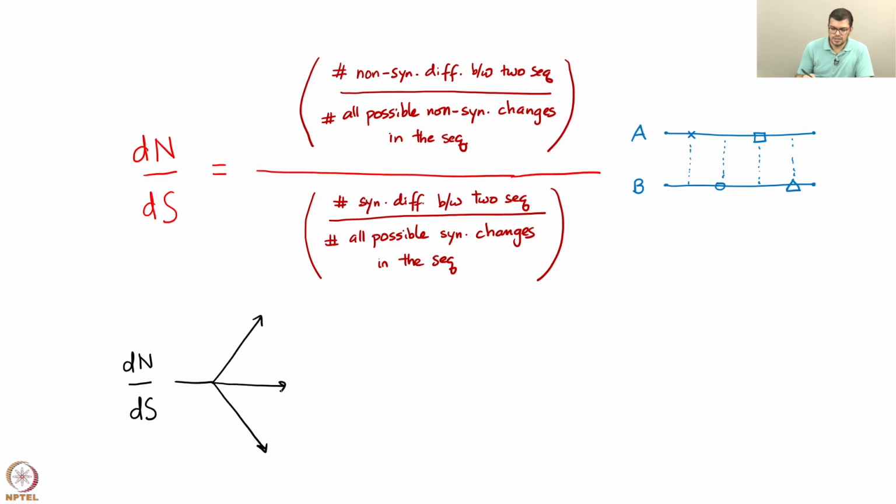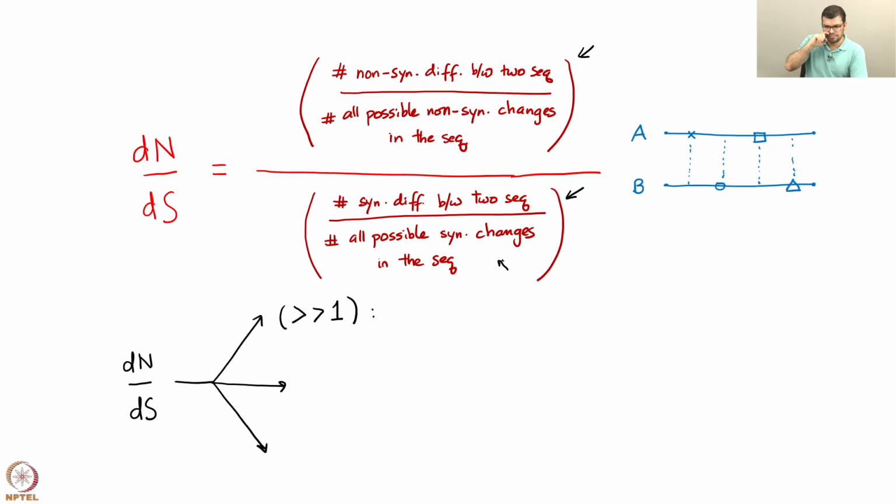In the first one, if this ratio is much greater than 1, what that tells us is that this numerator is much greater than this denominator, which implies that the number of non-synonymous changes taking place between these two sequences is far higher than the number of synonymous changes, when corrected for the total propensity of synonymous and non-synonymous mutations in the sequence.